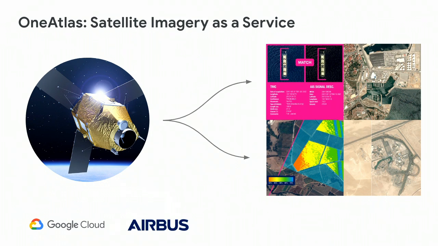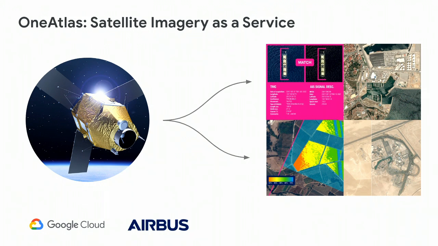As part of our move to cloud platforms, we recently opened the One Atlas digital platform to provide pay-per-use API access to tasking satellites to acquire imagery when specific conditions are met, maybe time windows, weather conditions, or recurrence.